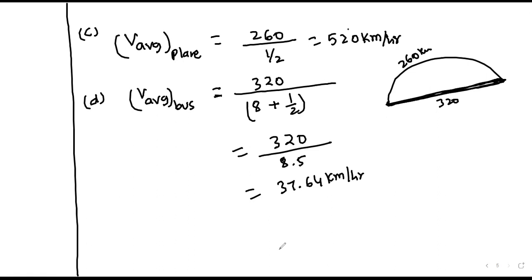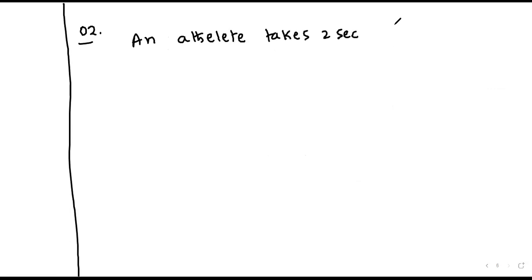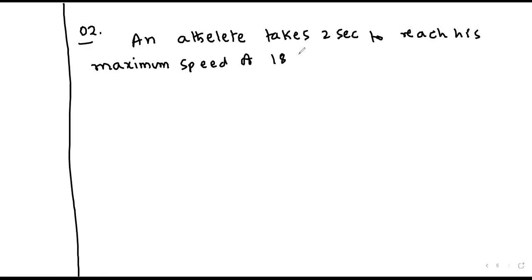Next question. Second question. An athlete takes 2 seconds to reach his maximum speed of 18 km per hour.